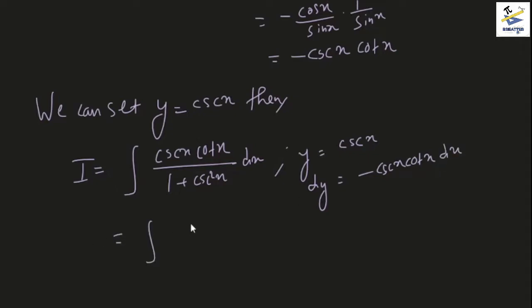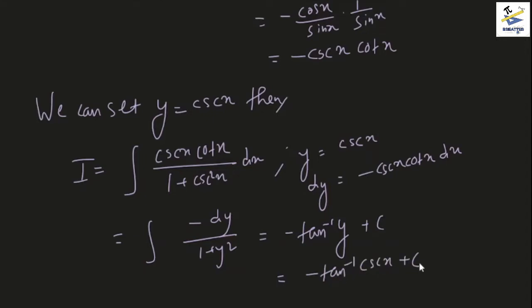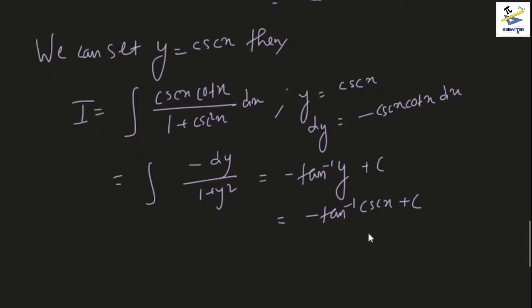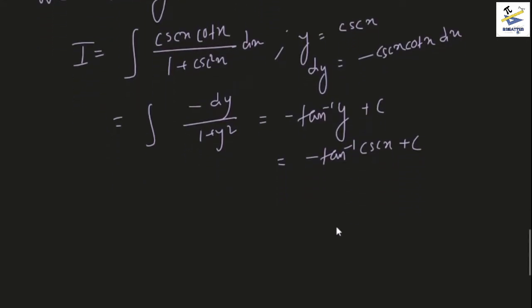So this integral would be minus dy by 1 plus y square, which is minus tan inverse of y plus c, so this is minus tan inverse of cosec x plus c, right? So you can see this one was a tad harder, but it could have been done.